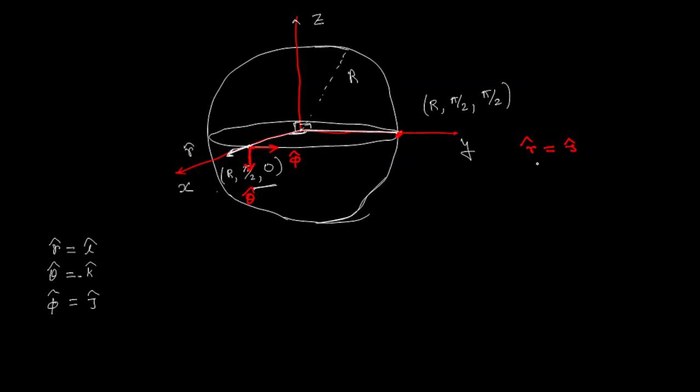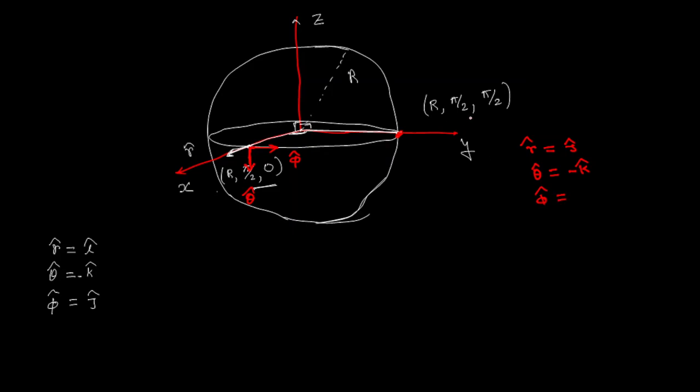And if you put theta and phi as 90, 90 in theta cap, we get again minus k cap.